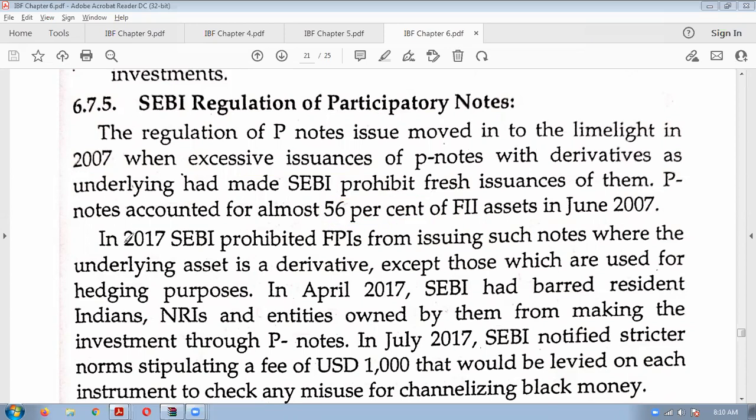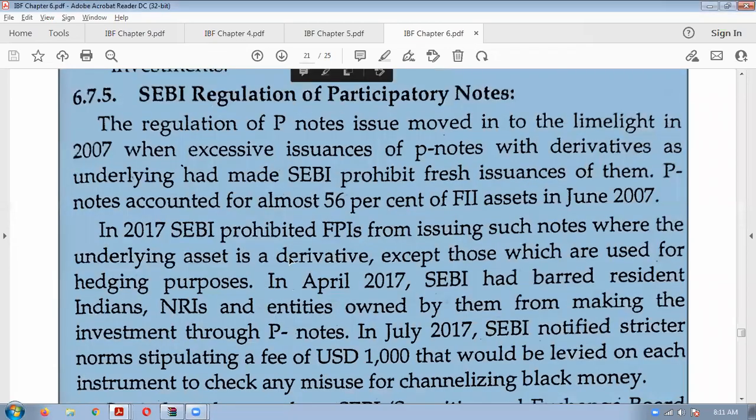Okay. So in 2017, SEBI prohibited FPIs from issuing such notes where the underlying asset is a derivative. So from 2017, SEBI has prohibited issuing P notes. Only one exception they have made: it can be issued where it is used for hedging purposes. Otherwise, P note issue is prohibited with effect from 2017.